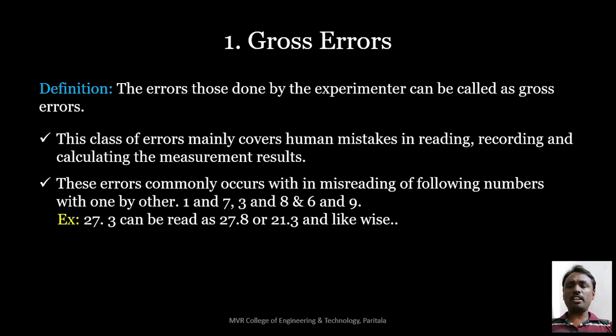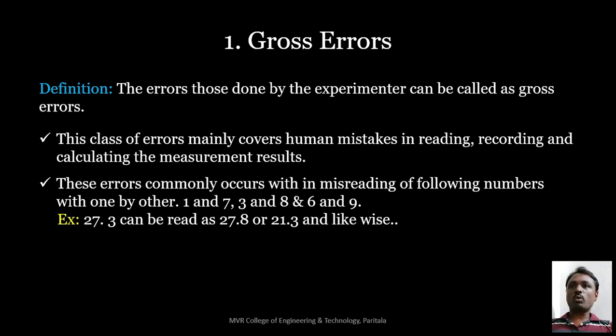Sometimes in a hurry we can read 1 as 7, or 7 as 1, 3 as 8, 8 as 3, and likewise 6 as 9 and 9 as 6. That means 1 and 7 also look similar, so in a hurry you can read the reverse numbers. This is the example given here.